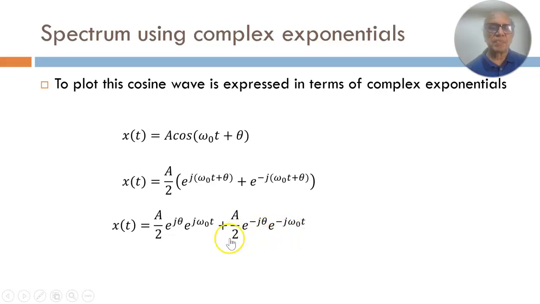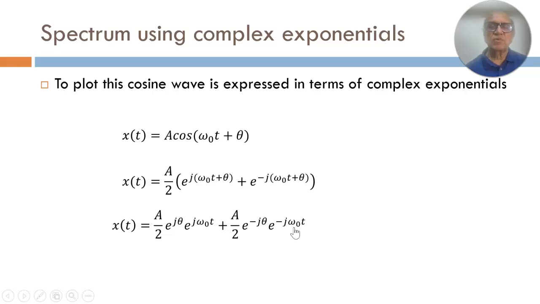Now e raised to j omega naught t can be considered as a rotating phasor in one direction, and e raised to minus j omega naught t can be considered as a rotating phasor in the opposite direction. You could say mathematically that this corresponds to positive frequency and this corresponds to negative frequency.